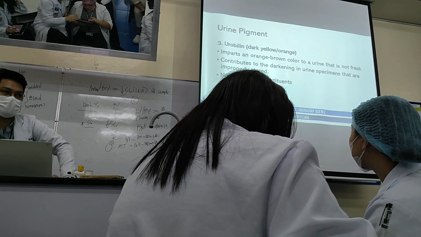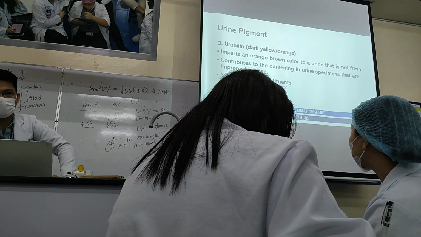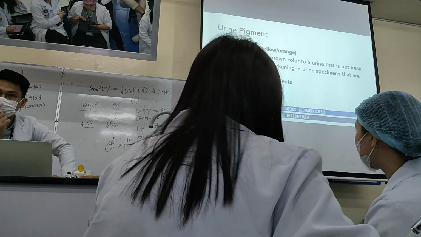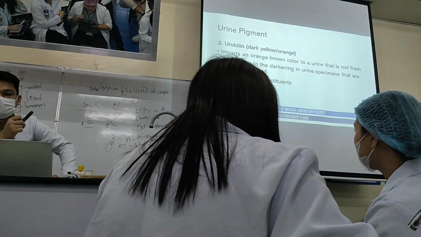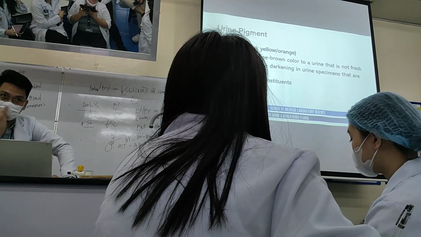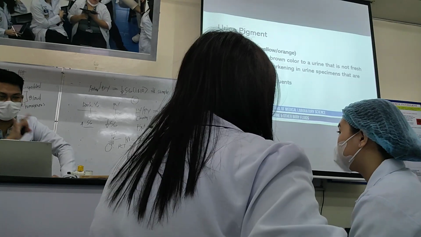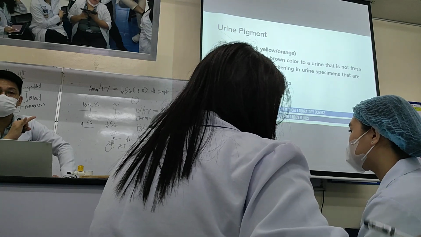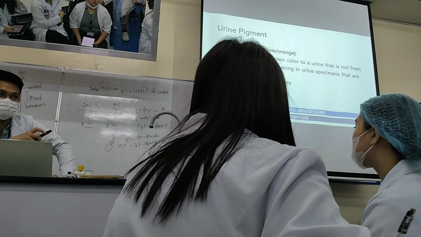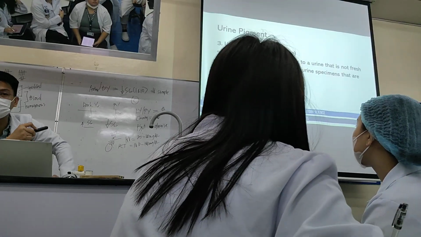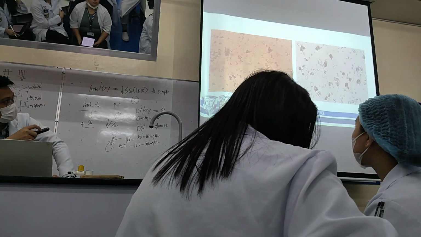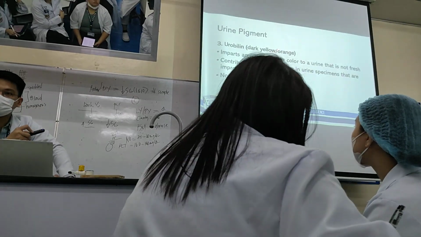If you leave it for a long period of time, then in a lighted environment, urobilinogen is expected to convert to urobilin. So you now know the three urine pigments: urochrome, yellow; uroerythrin, orange to pink; and urobilin, dark yellow or orange. Remember which of them contribute after refrigeration or in improperly stored urine.